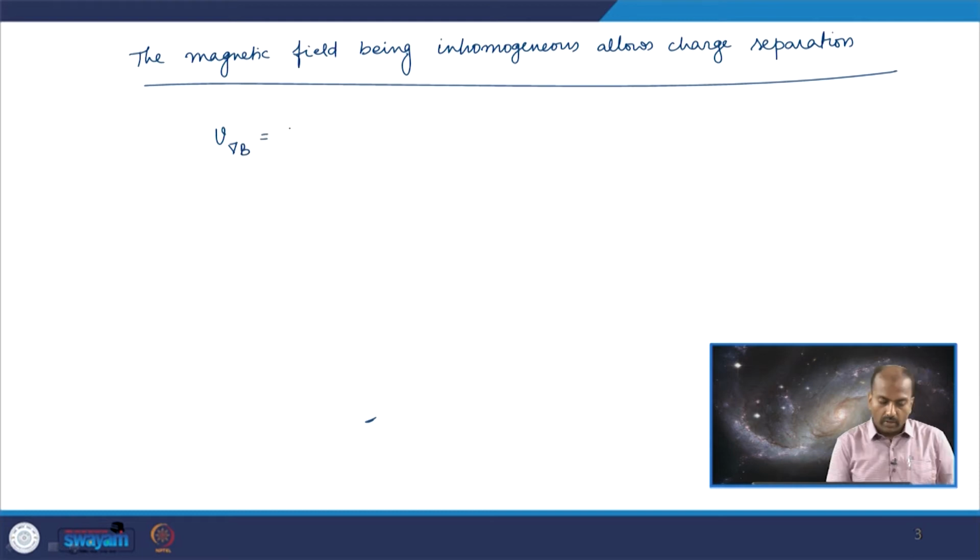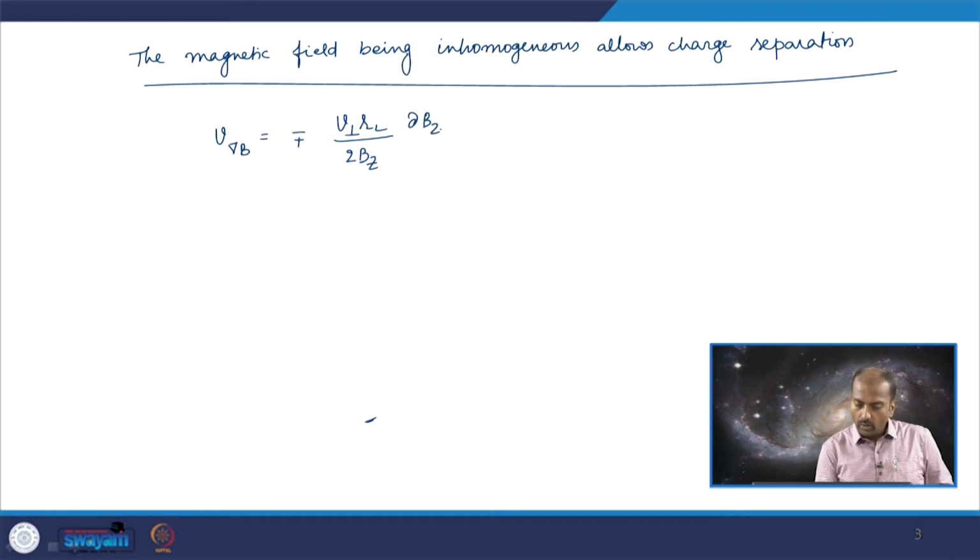Let's say there are a few more points. So plus minus V perpendicular R_L divided by 2 B_Z, dou B_Z by dou Y, along x cap.